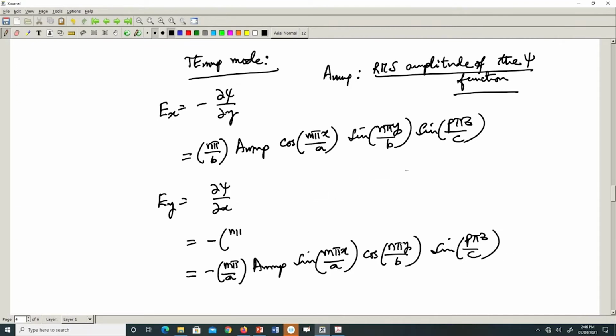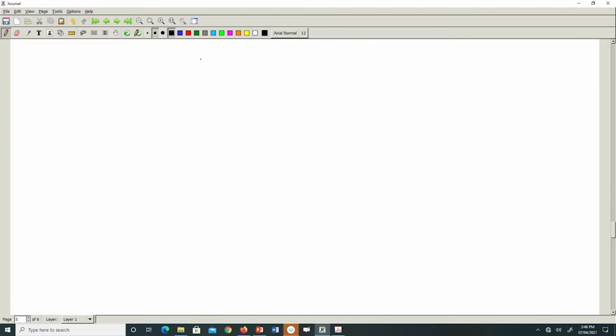Similarly, E z will be 0 because it is the TE mode.